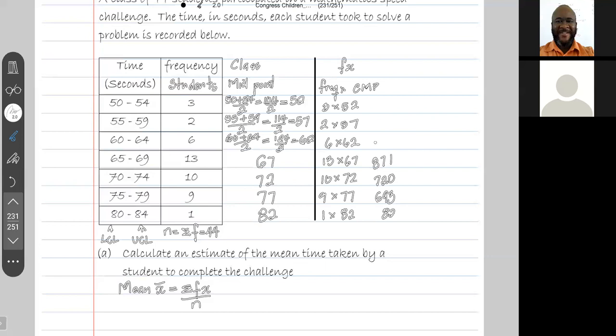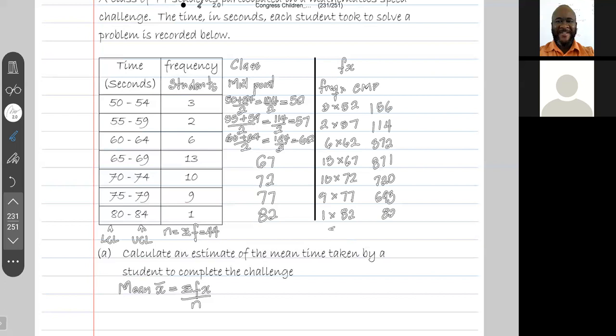This is 6 times 62, 372. 2 times 57 is 114. 3 times 52 is 156.